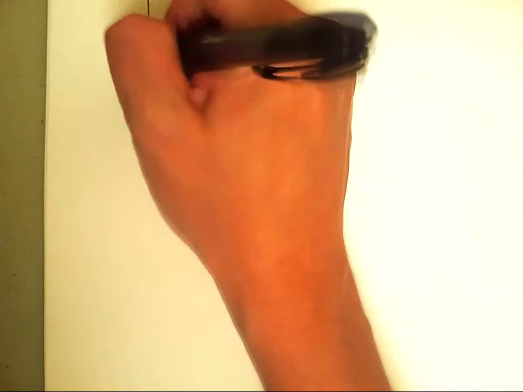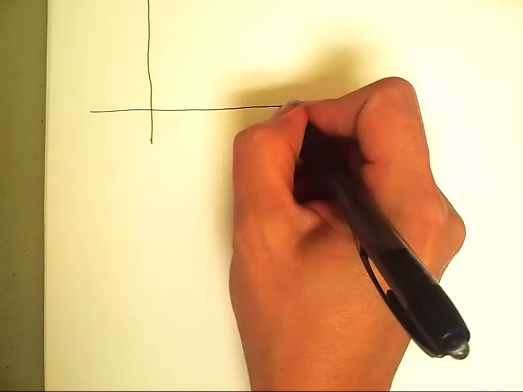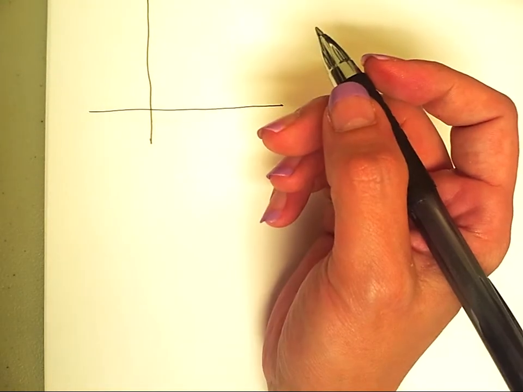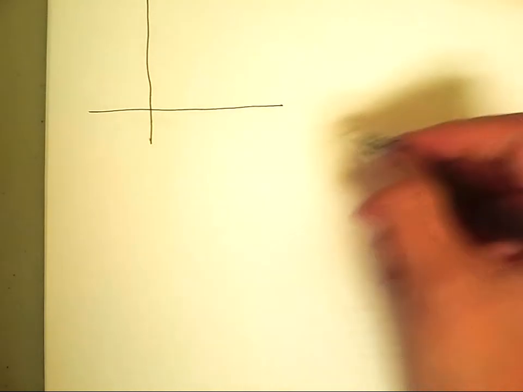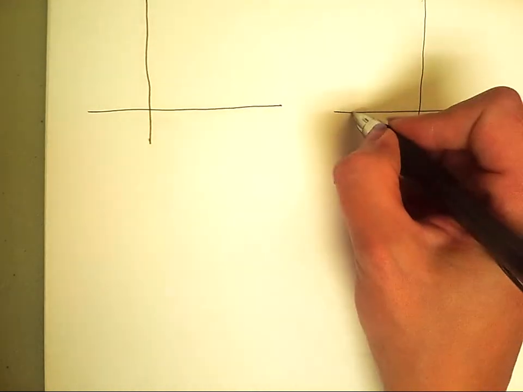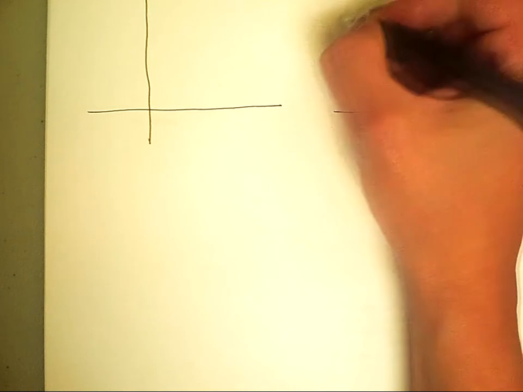So let's redraw our diagram with that. I have this point, where does it go? (-3, 6). Okay, so let's actually draw it like this. -3 and 6. Here's my point.